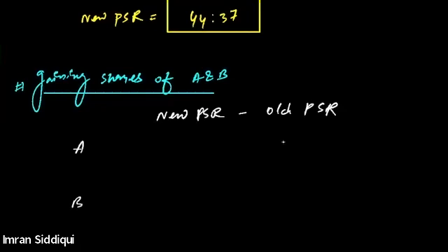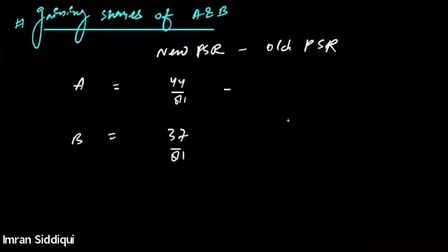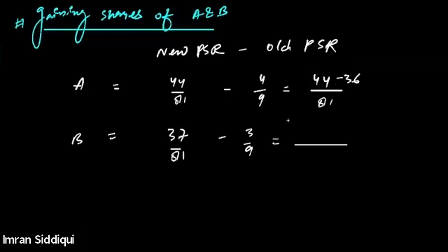For A and B, the new PSR for A is 44 by 81 and 37 by 81 for B. And their old PSR was 4 by 9 and 3 by 9, which in 81sts is 36 and 27. So 44 minus 36, and 37 minus 27.